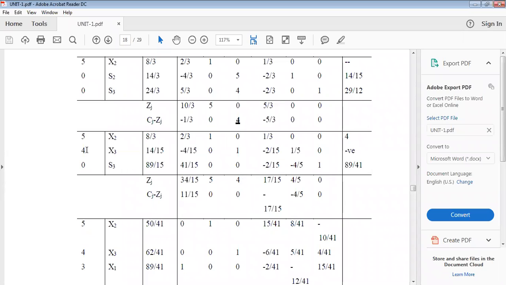The 4 is nothing but the multiplication factor of x3 given in the objective function. So 4x3 will occupy. S2 has gone out, S1 has gone out, and now this is x3 and 4, 14 by 15, 4 by 15, 1, minus 2. This is very important. S3 will remain as usual.